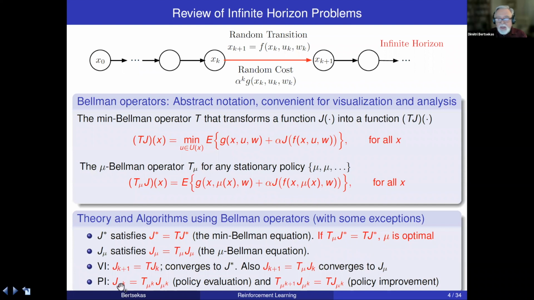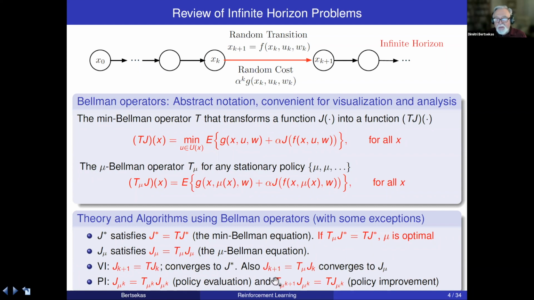And the policy iteration algorithm can also be described by using the T and T mu operators. Policy evaluation can be written like so. For a given policy mu k, it evaluates it by finding the fixed point of the corresponding mu Bellman operator.